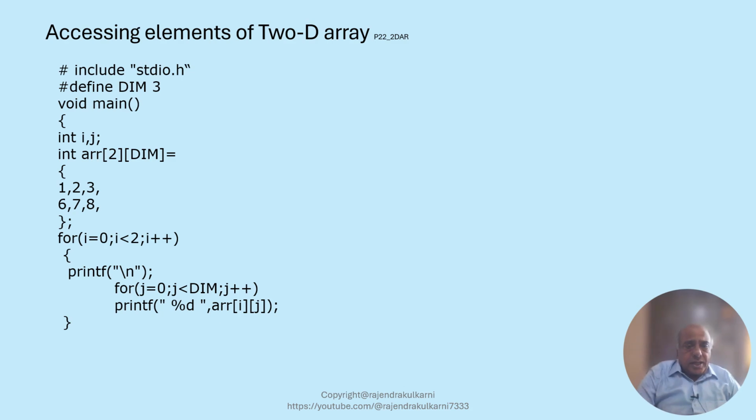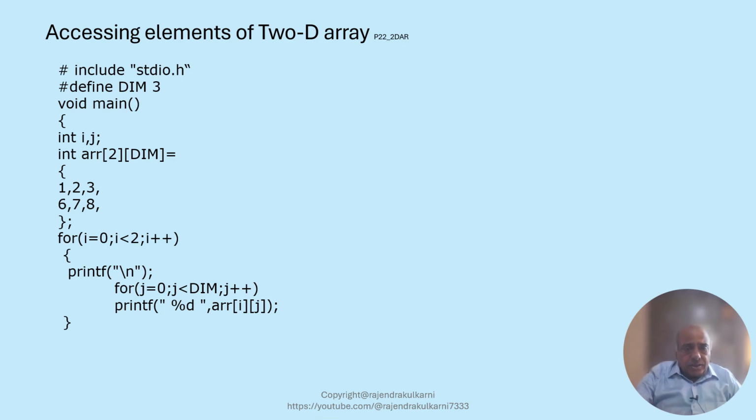So each 1D array will contain 3 int constants as its elements. Now how are we accessing this array ARR? Through two for loops, one with i equal to 0 and another nested for loop with j equal to 0.